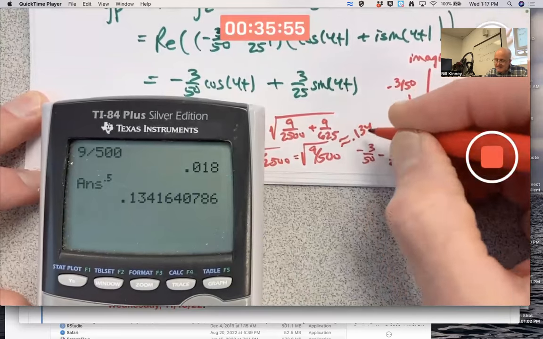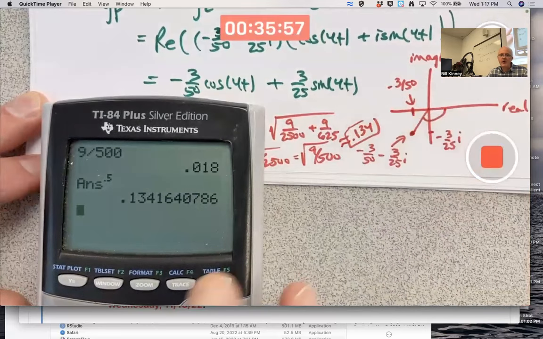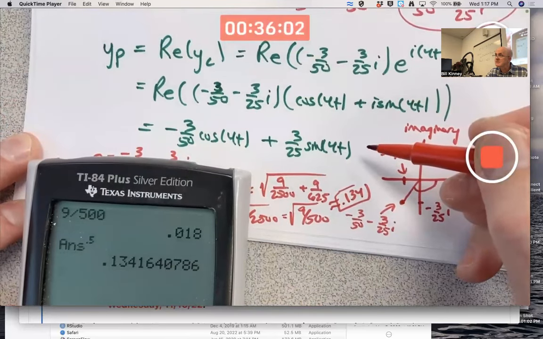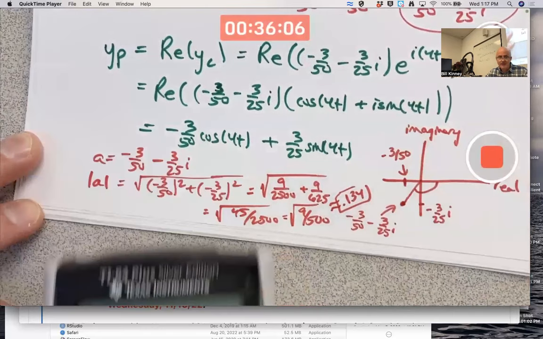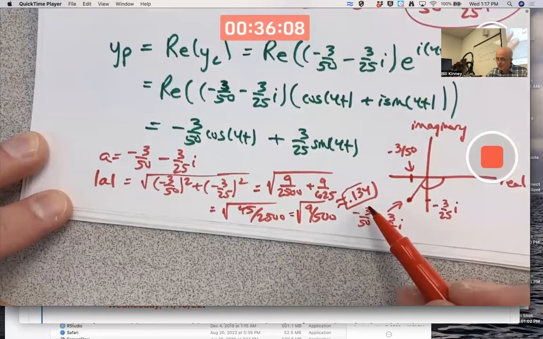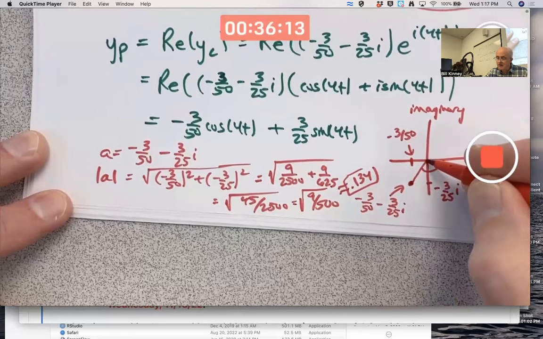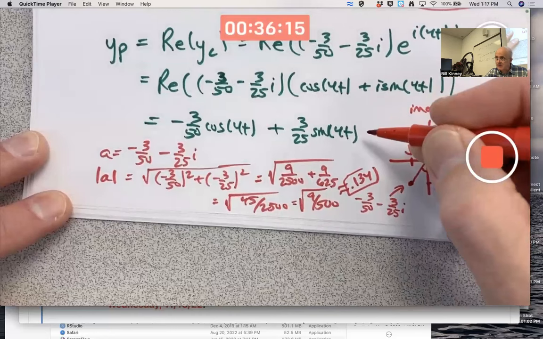What I claim is this number, 0.134, is the approximate amplitude of this function. Say it again. This number, about 0.134, representing the distance from this point to the origin in the complex plane, represents the amplitude of this function.